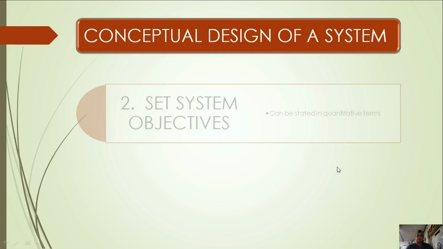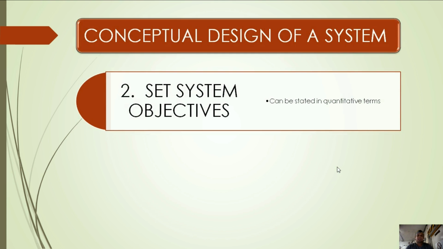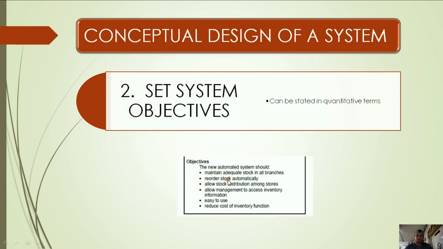Next step on conceptual design is to set system objectives, and these objectives can be stated in quantitative terms. So in the same example of Uniworld Sales, the objectives are: we need to maintain adequate stock in all branches, reorder stock automatically, allow stock distribution among stores, allow management to access inventory information, and reduce the cost of the inventory function.